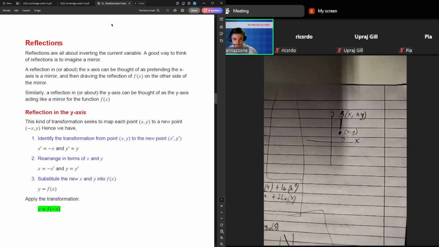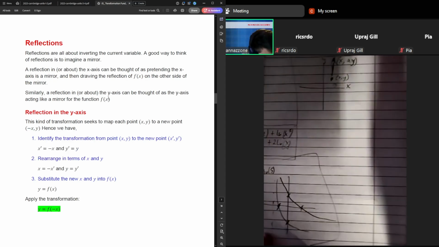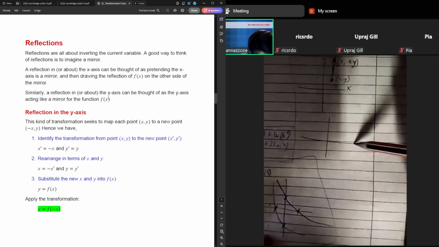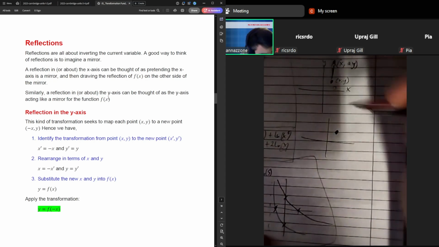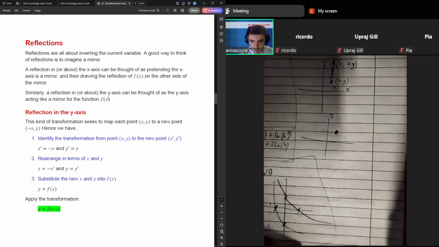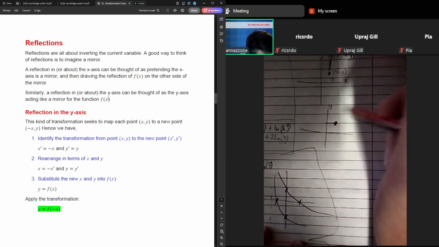Okay, reflections. In all cases, for all functions, reflections appear as a negative sign on your function. They could be on the x value or on the y value. If you're reflecting in the y-axis, your negative sign goes on the x. What that essentially means is, if I go to the handwritten section, I have some point, wherever it may be. When I'm reflecting in the y-axis, I have a y-axis, and wherever my point is, the y-axis is going to act like a mirror.